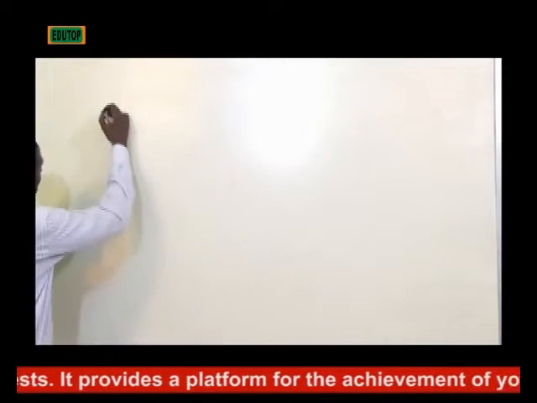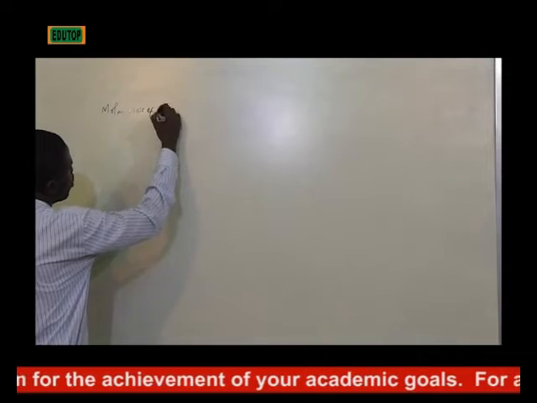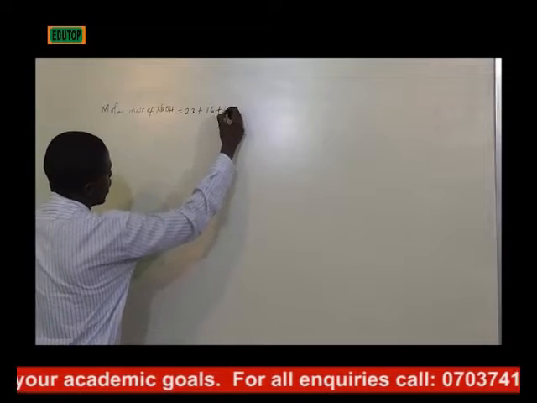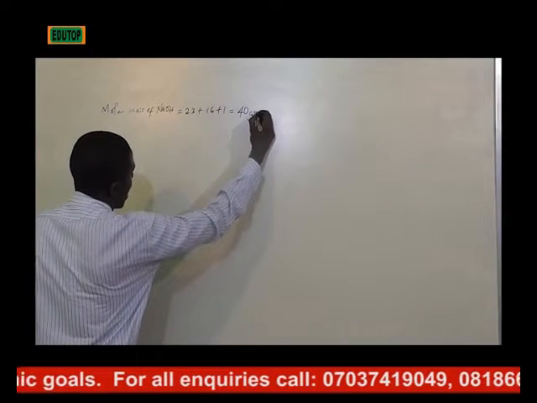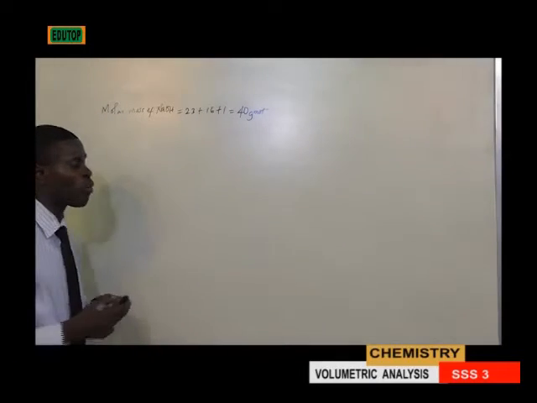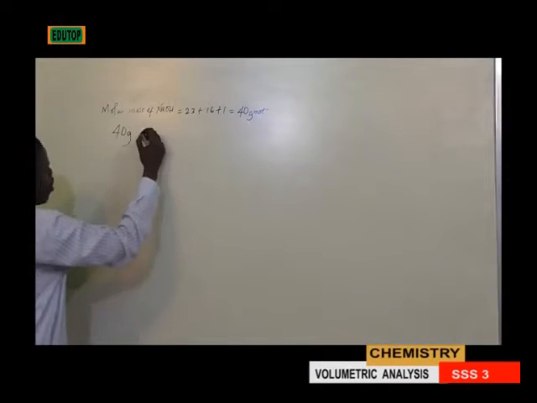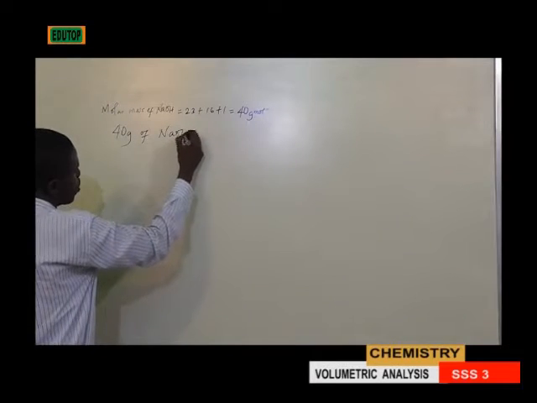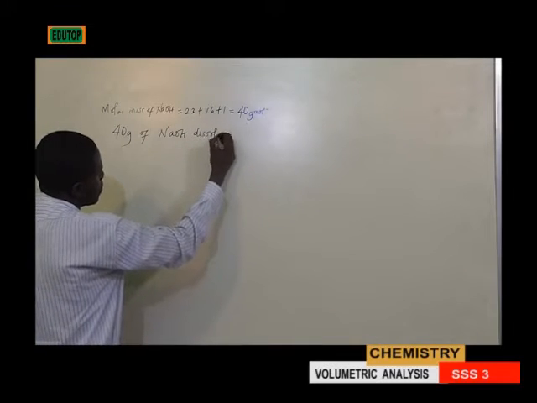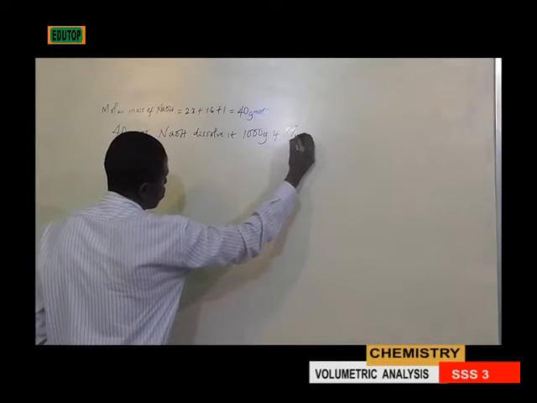Therefore, the molar mass of sodium hydroxide is 23 plus 16 plus 1, which is 40 grams per mole. In order to prepare the molar solution of caustic soda, we make use of 40 grams. We weigh 40 grams of sodium hydroxide and dissolve it in 1000 grams of solution.